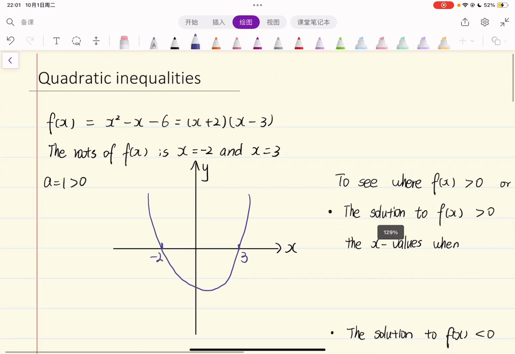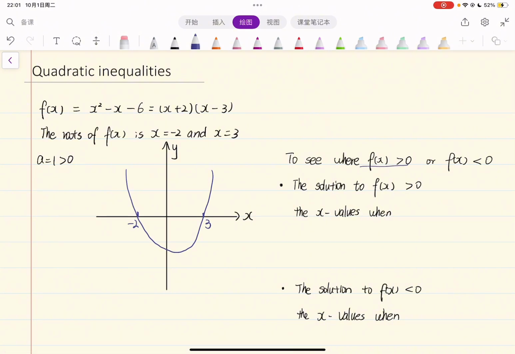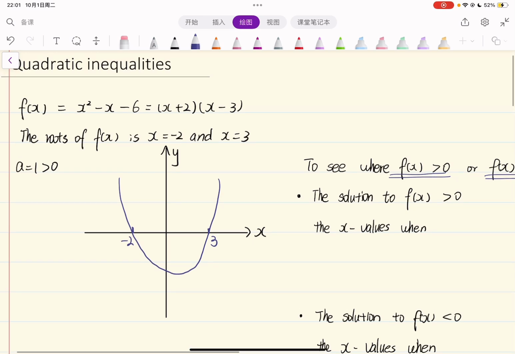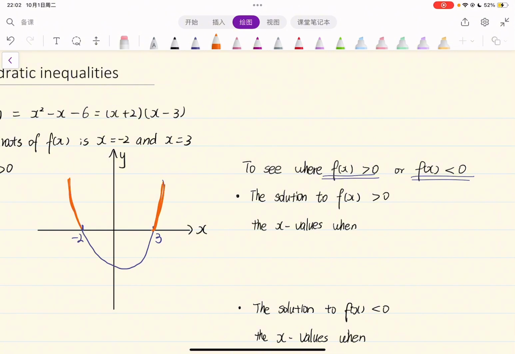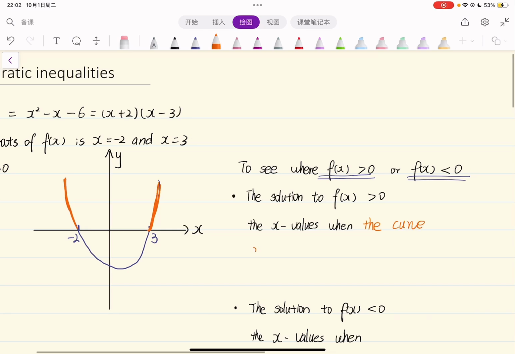When we want to see where f(x) is greater than 0 or less than 0, we can see that f(x) greater than 0 is above the x-axis. So it's this part. We write that the solution of f(x) greater than 0 is the x values when the curve is above the x-axis.